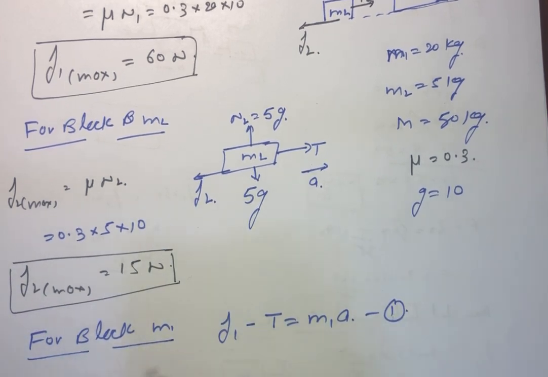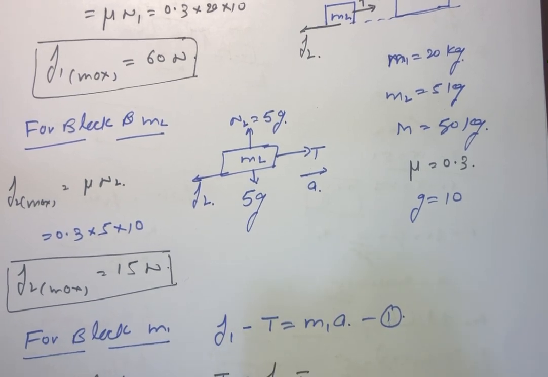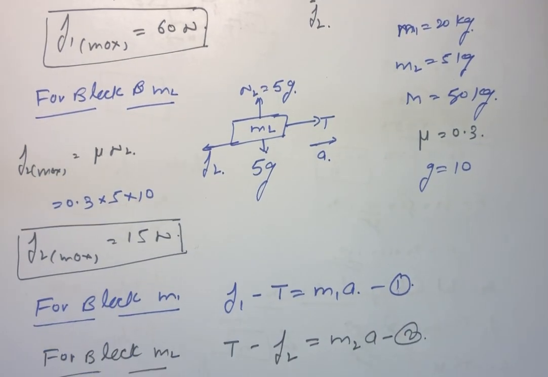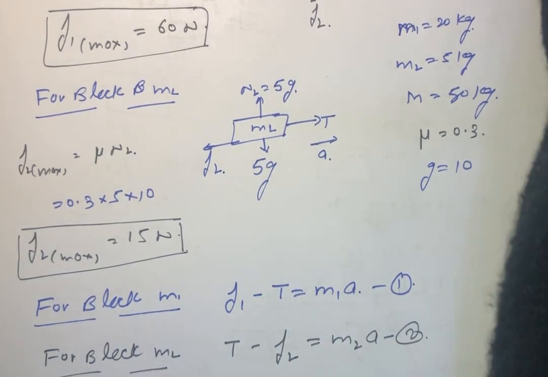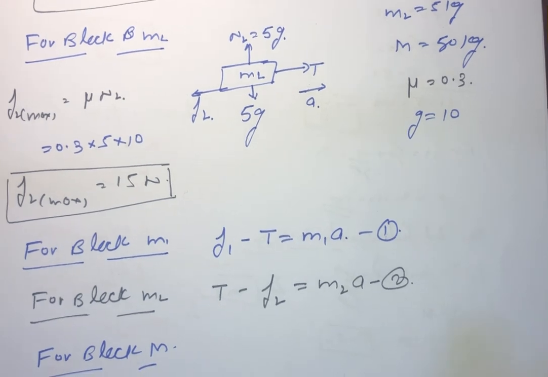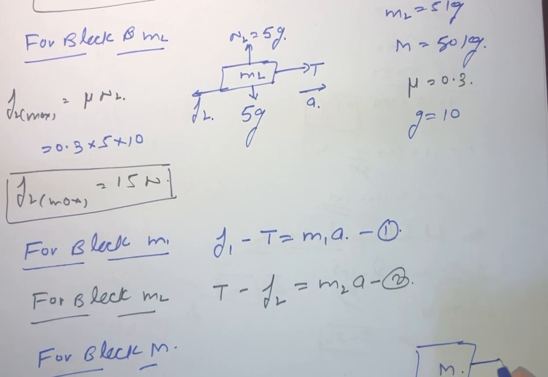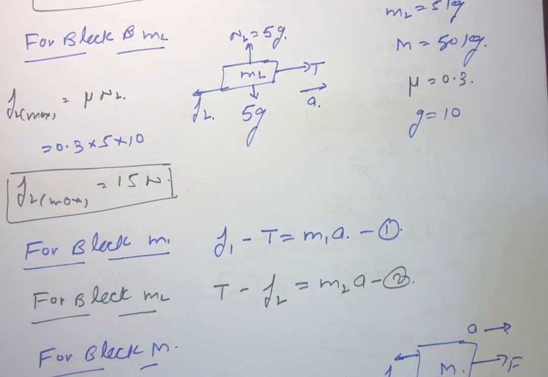For block M2, we can write T minus F2 will be equal to M2 into A, equation 2. And for block capital M, we can have the equation as, this is our capital M, and it is being applied force of F, and opposite here is F1, and acceleration is A. Okay.